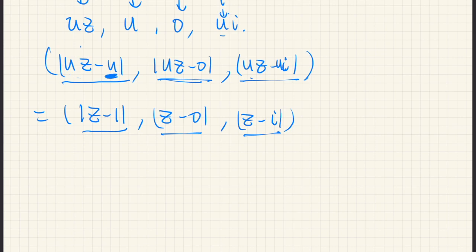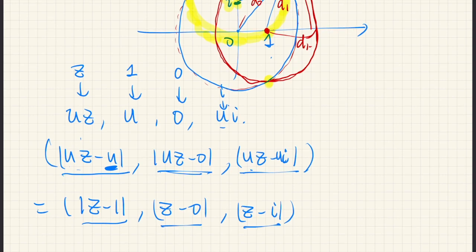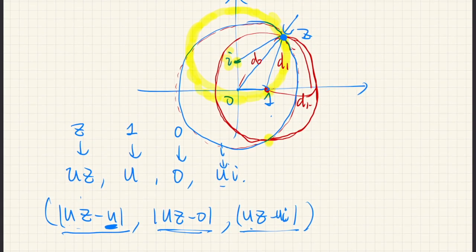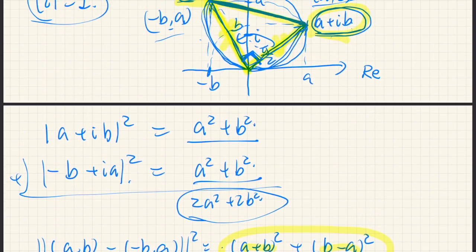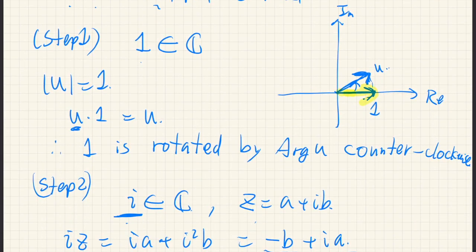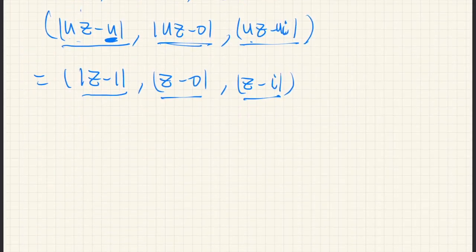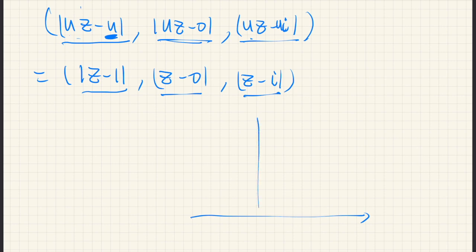Now, u is a point that is obtained by rotating 1 by the argument of u, as we have seen in step 1. Where is it? This one. So 1 times u is u. Let's say this is 1. If we multiply by u, then it is rotated counterclockwise by the argument of u. Now ui.